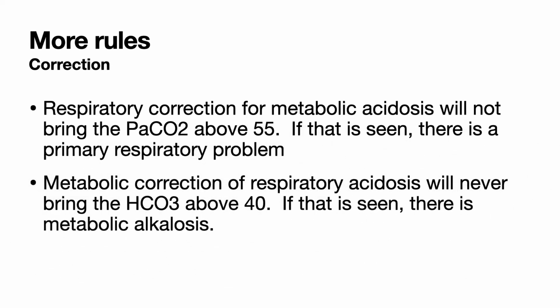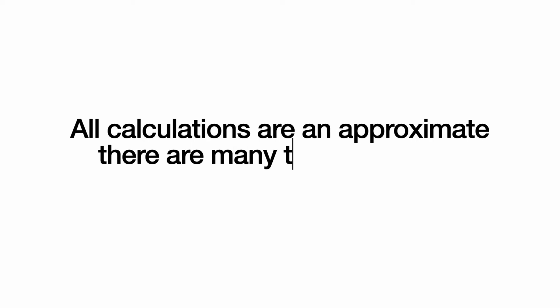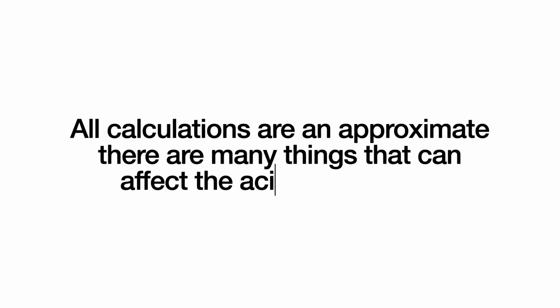And then metabolic correction from respiratory alkalosis will never bring the bicarb above 40. And if that's seen, there is metabolic alkalosis. So it's very important to remember these rules. And again, all of our calculations are approximate, and there are many things that can affect the acid-base status.